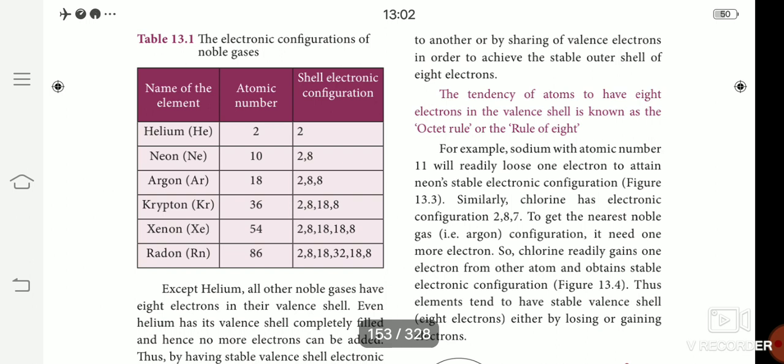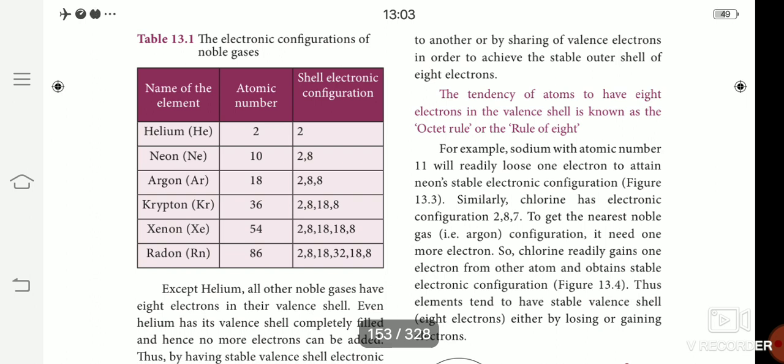Next one is sodium chloride. These have incomplete valence shells, so 1 or 2 electrons are gained or lost, and then they become the noble gas electronic configuration.